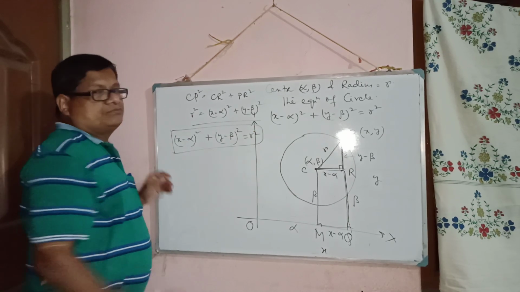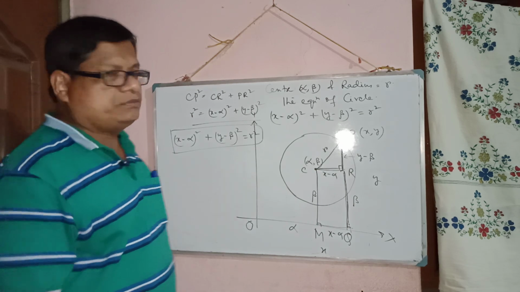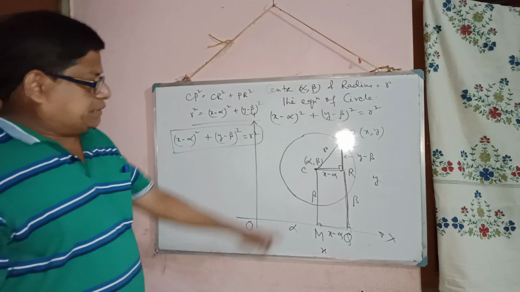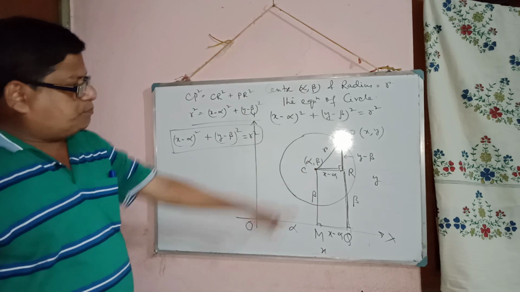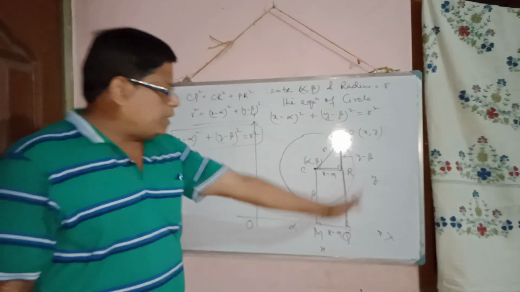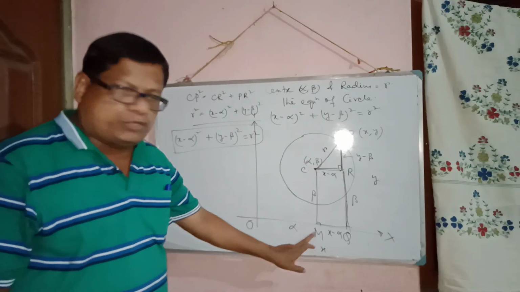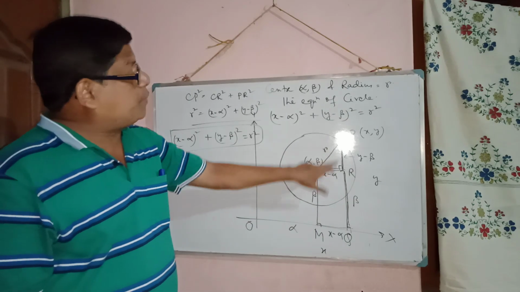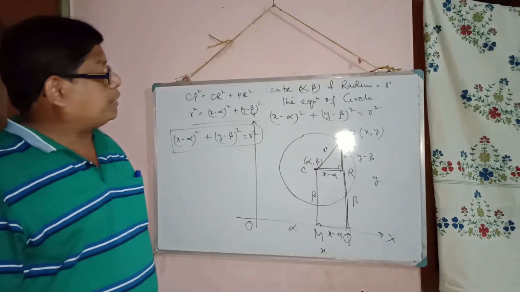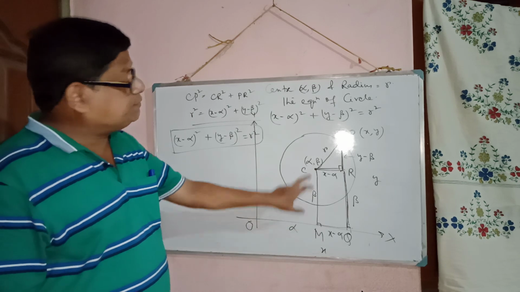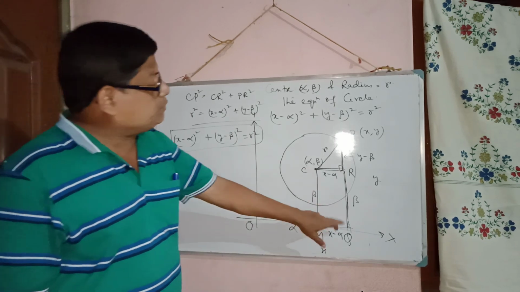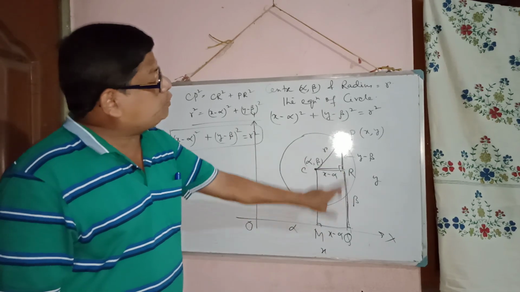Understood? Yes, this is the center alpha beta. For any point x y, draw the perpendicular, here also draw a perpendicular, and again from C, CR is also perpendicular. So this part will be alpha, this is beta. This part is also beta, the whole part is y minus beta.